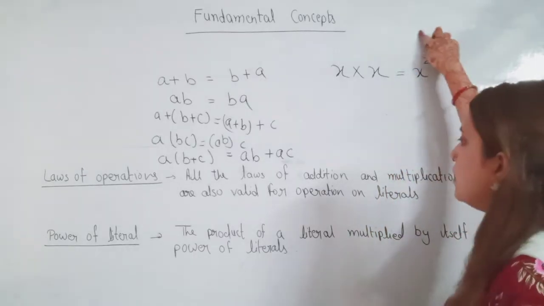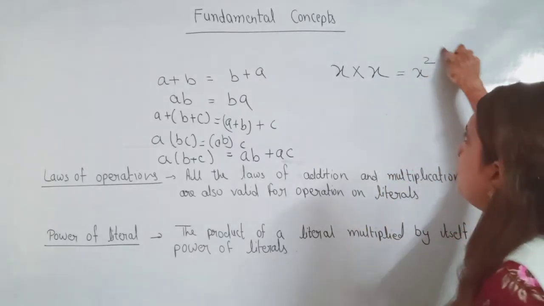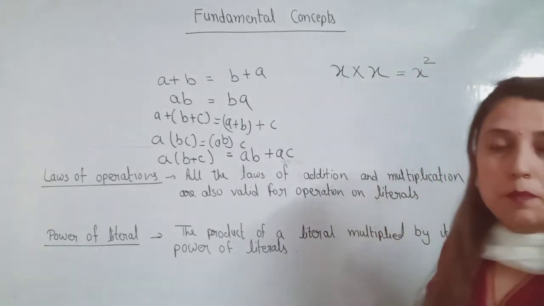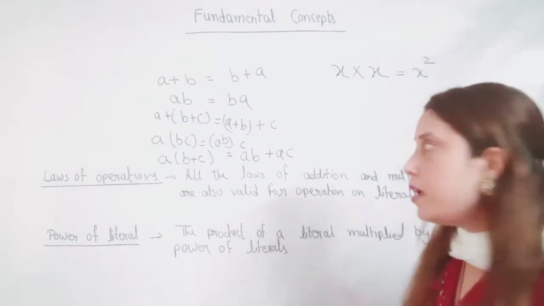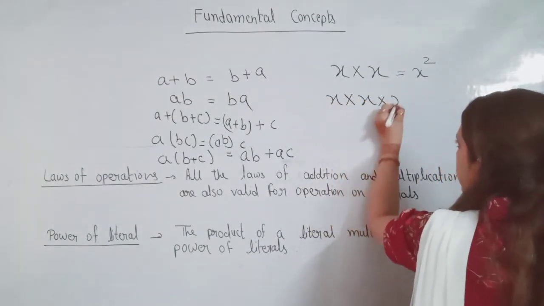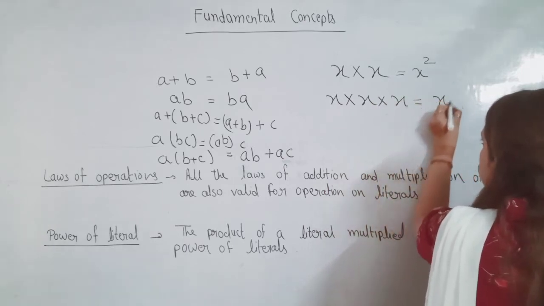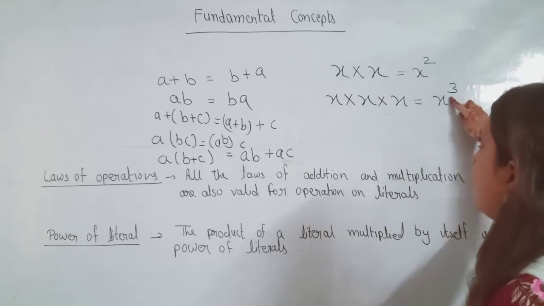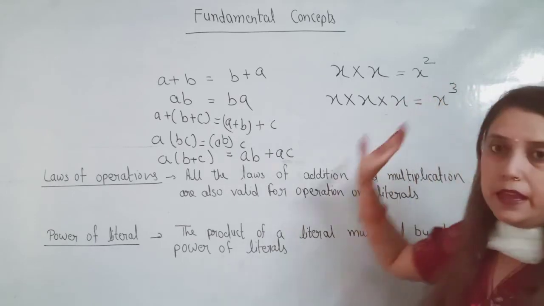So this is the power of a literal. 2 is the power of variable x. If we multiply x into x into x, 3 times, we can write x raised to the power 3. So 3 is the power of literal x.